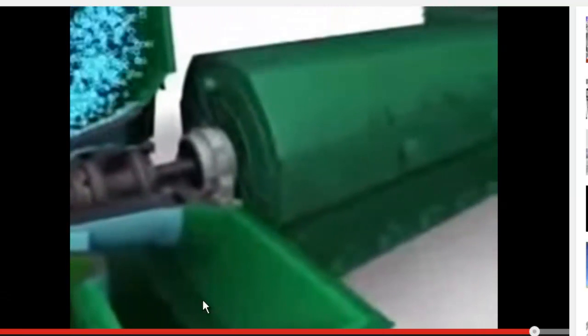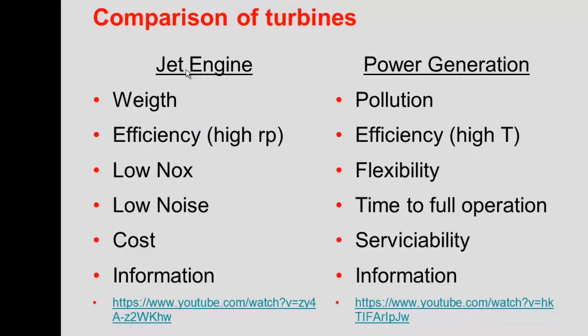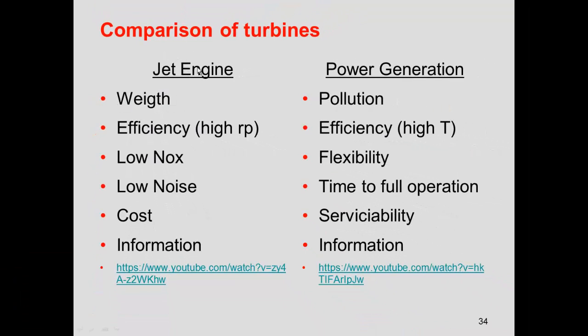In this case, we have a turbine that could go for a jet engine and a turbine that will go for power generation. They have the same components, it's just that they focus on different things. In a jet engine, you will worry about weight, efficiency, a high pressure ratio, low NOx, this should be a capital O because it's oxide of nitrogen, low noise, the initial cost.